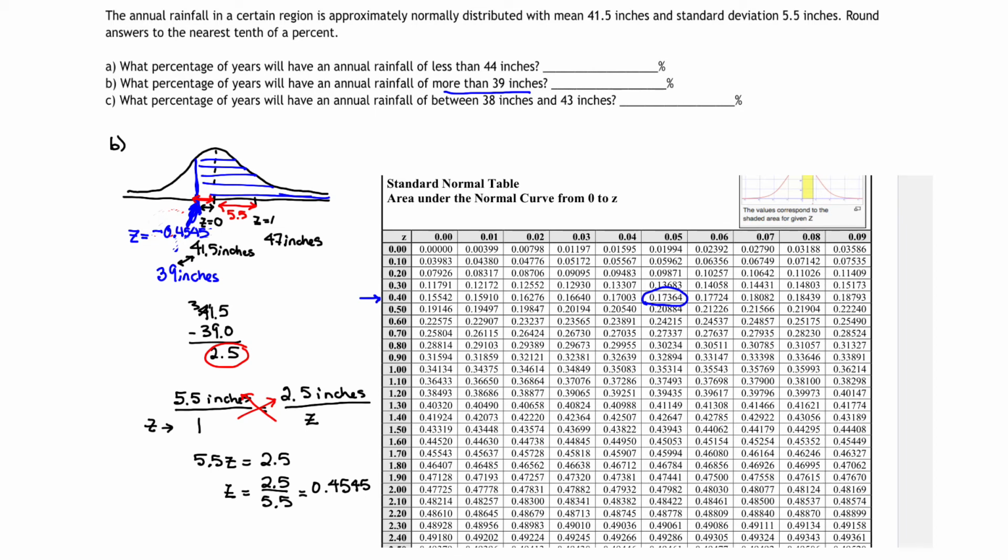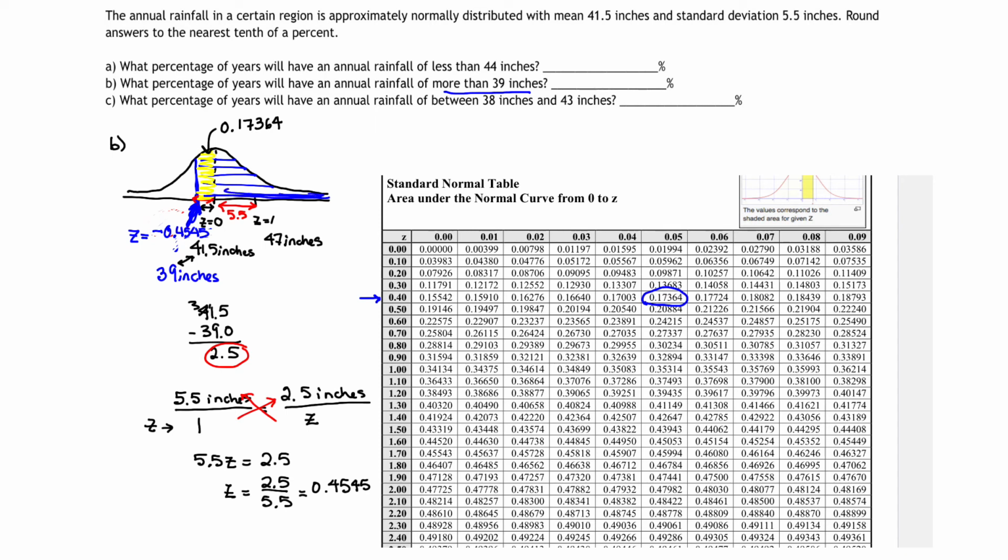Recall, that's the area between 0 and our z value. And the fact that it's on the left is just symmetric to the area on the right. I am looking for the percentage of years with annual rainfall more than that.